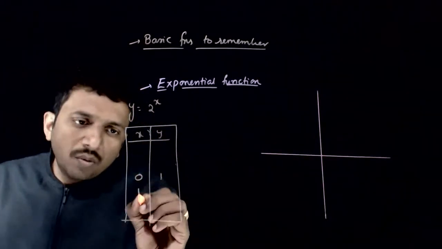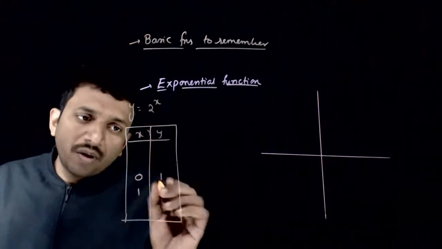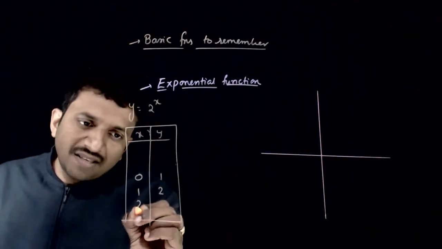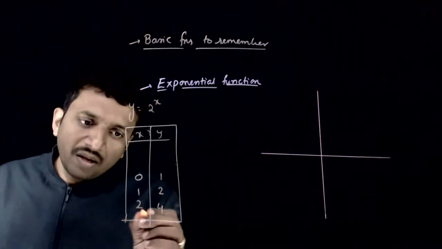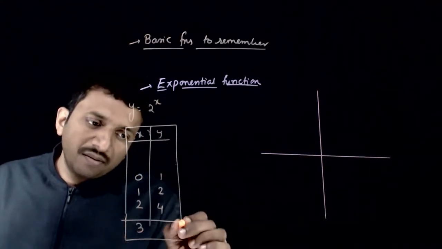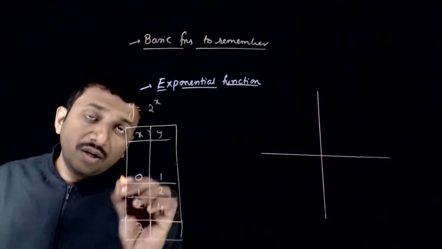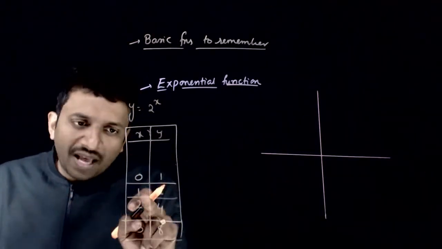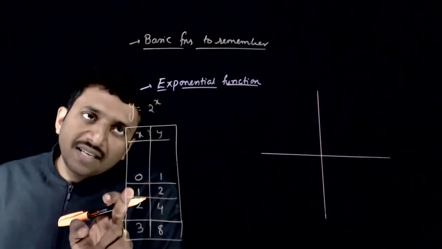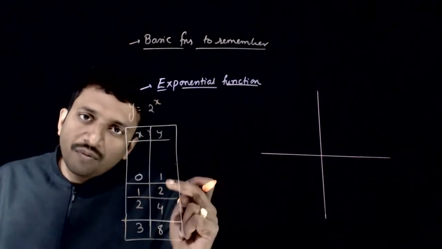When x is equal to 1, y is 2 power 1, 2. When x is equal to 2, y is 2 square, which is 4. When x is equal to 3, y is 2 cube, which is equal to 8. And this goes on. As you can very clearly see, as x is increasing, the value of y is also increasing.